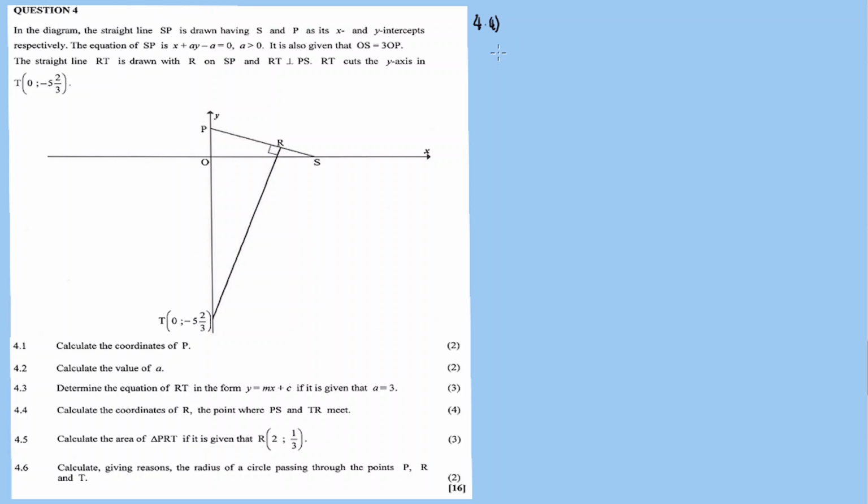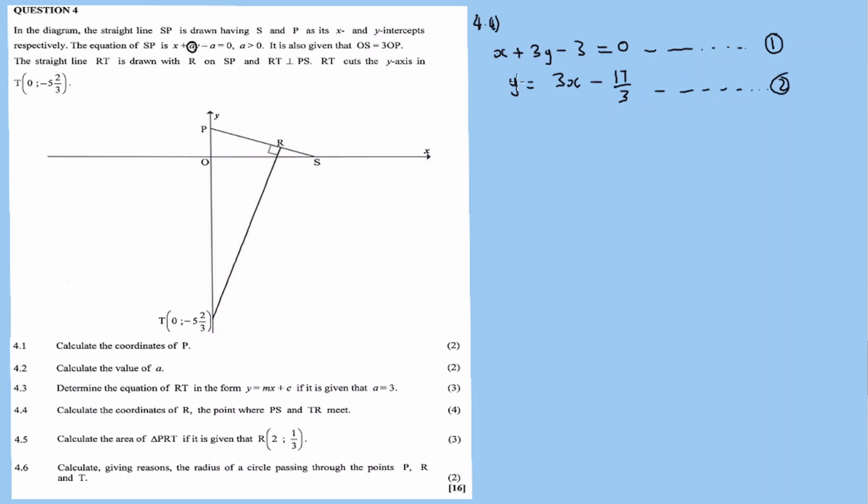I have two equations. For PS it's x plus 3y, don't forget the value for a is 3, so it's x plus 3y minus 3 equal to 0. Let's call this equation 1, the equation of PS. And then another second equation, y equal to 3x minus 17 over 3, equation number 2.